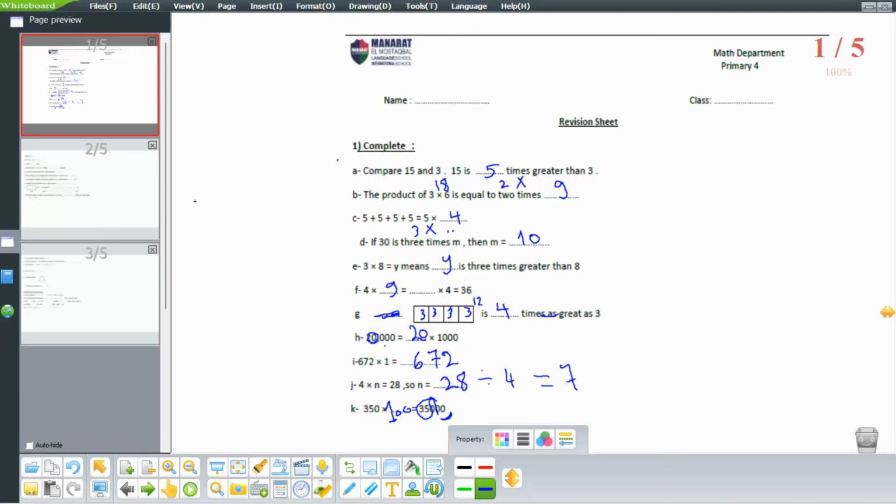Okay, next, 240 times which number equals... here we have 240 like this. So times what? Here we have 3 zeros. It means times 1,000. Okay, don't forget.